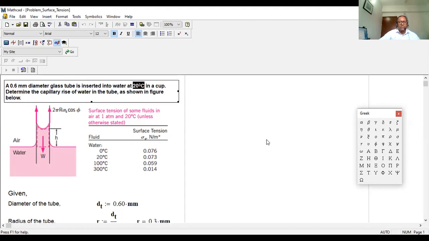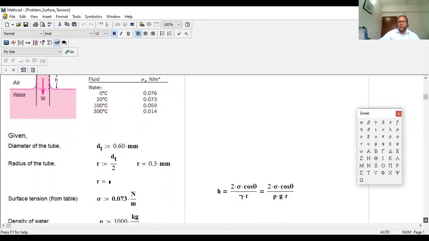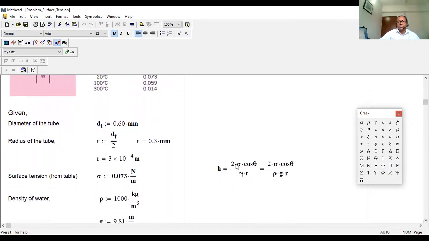But my question is, this is our equation of the height, right? But if you have water in your pot at home, and you take a transparent plastic pipe, about 0.5 inch diameter, then you see the height is not increasing that much. What is the reason?